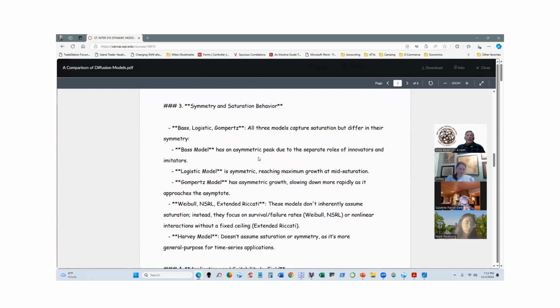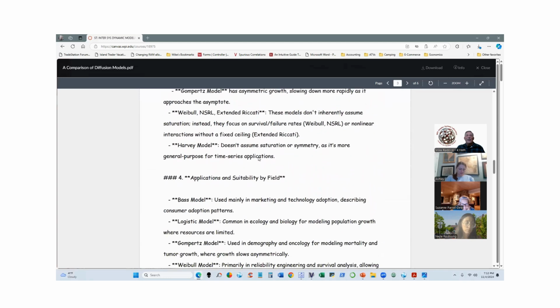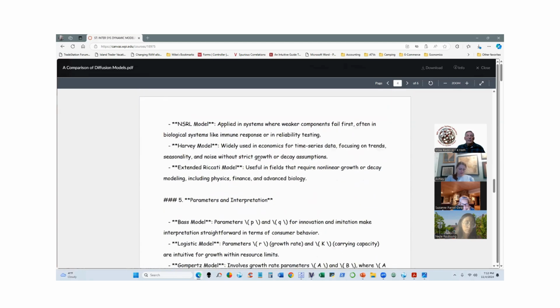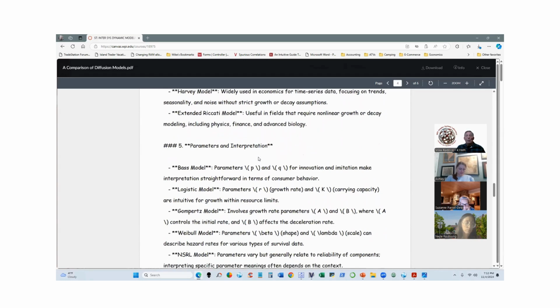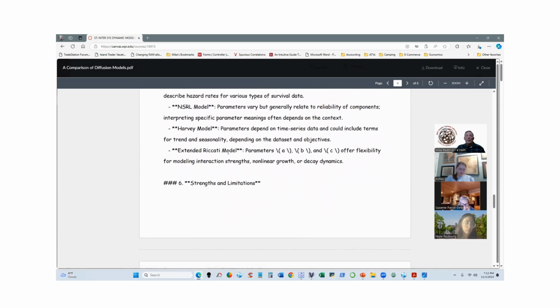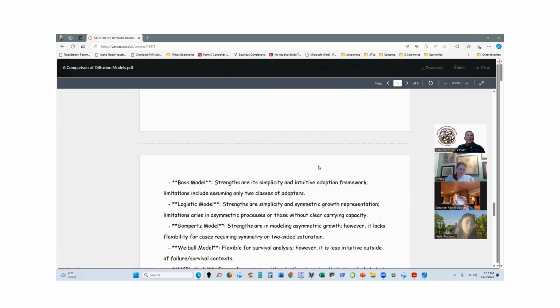Let's see. And then what do we got here? Symmetry and saturation behavior, it tells us about. Applications and suitability by field: where might you use these things? Parameters and their interpretation. Okay, good to know. The parameters for this Riccati model, a, b, and c, offer flexibility for interaction strengths and nonlinear growth or decay. That doesn't tell us a whole lot, but okay.